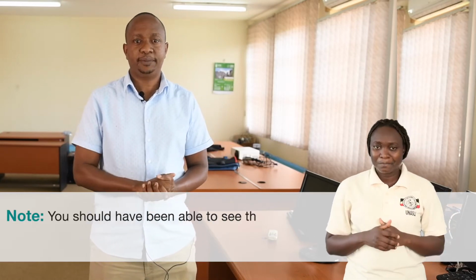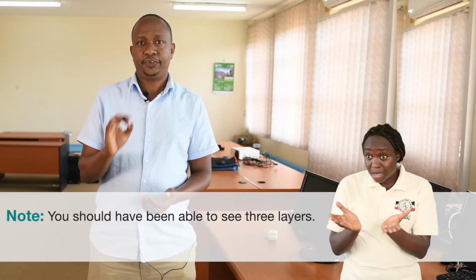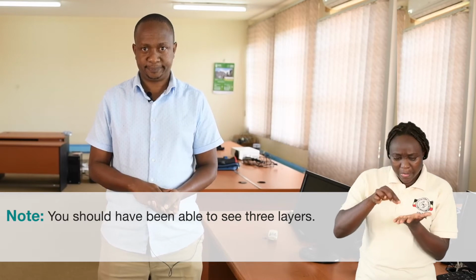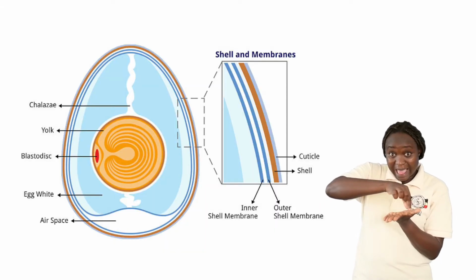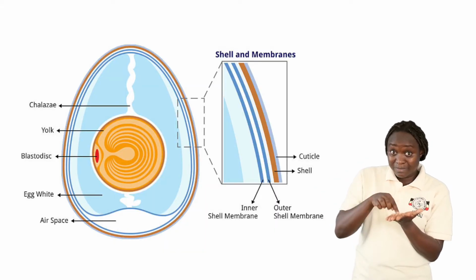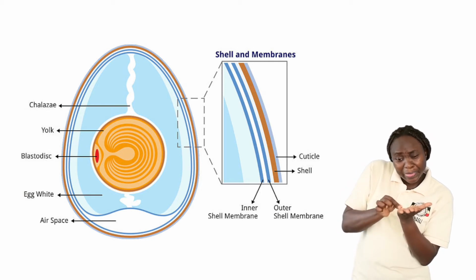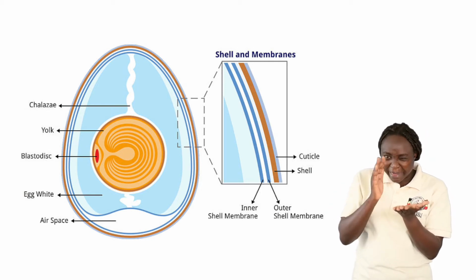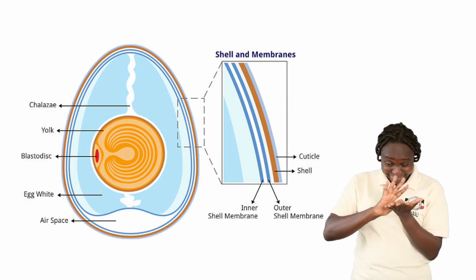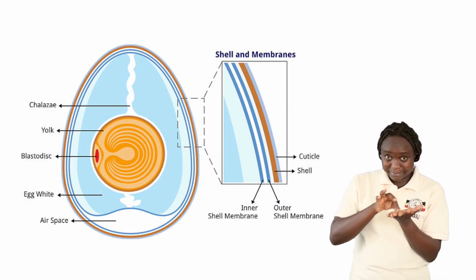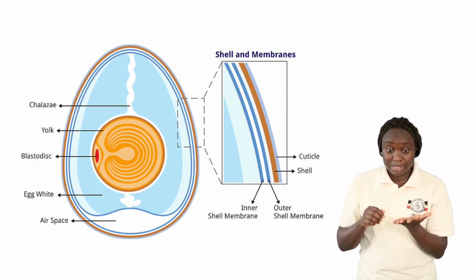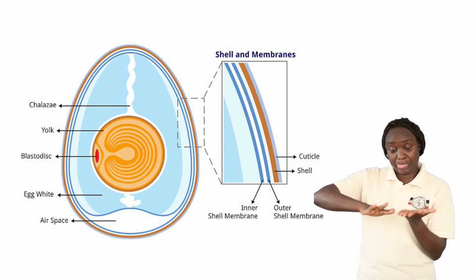Wonderful. You should have been able to see 3 layers. There is a thin outer layer that is almost transparent. It's very clear. You should have also been able to see a big layer that's next to the thin outer layer.